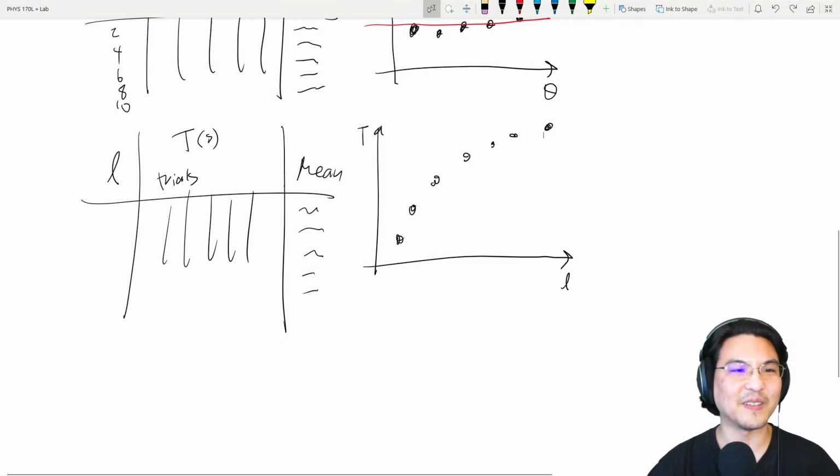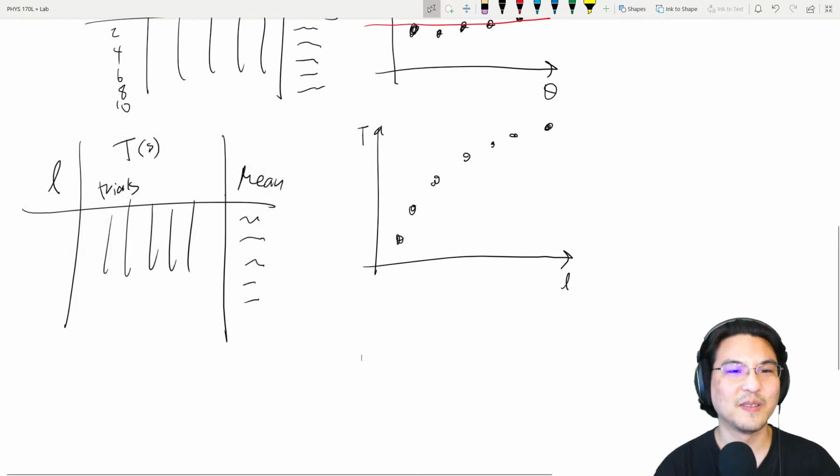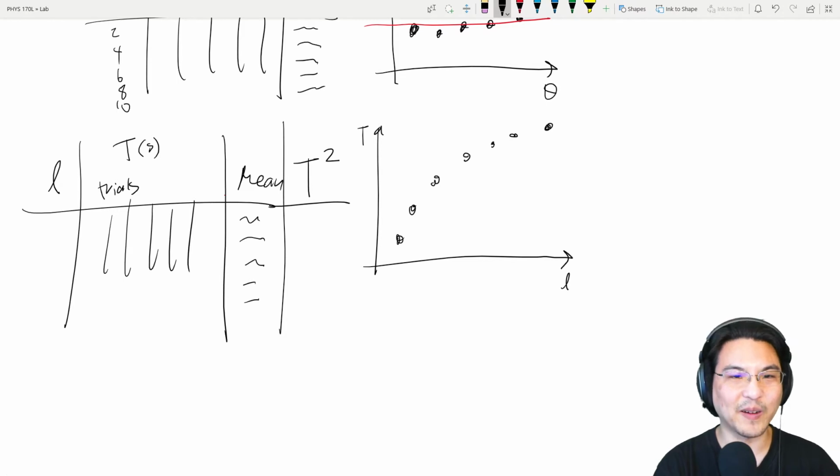So you can just add another column to this. So this is going to be period squared, right? So you just take the mean of your trials. This is period over here.